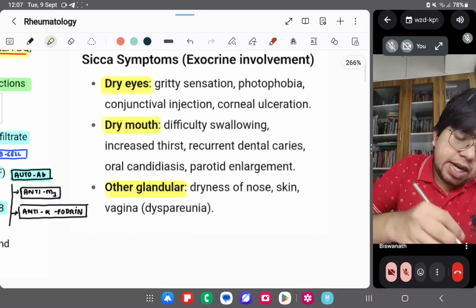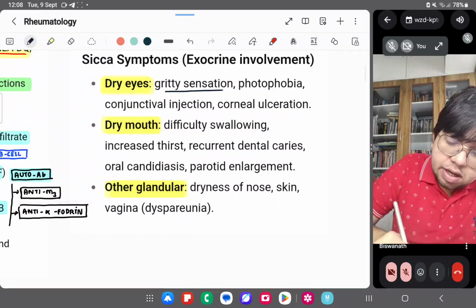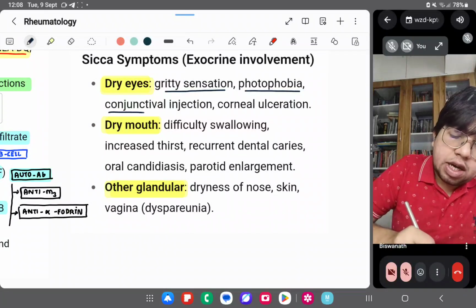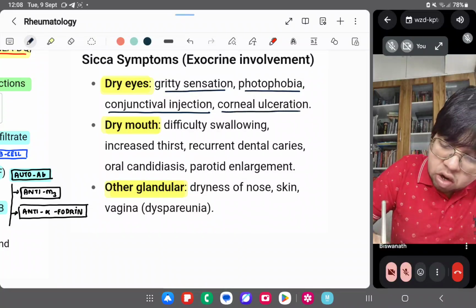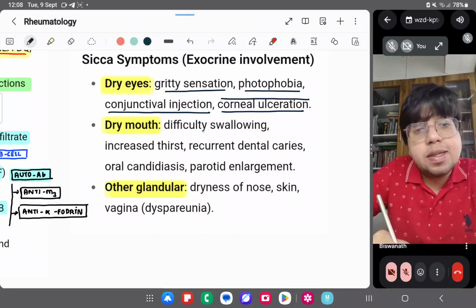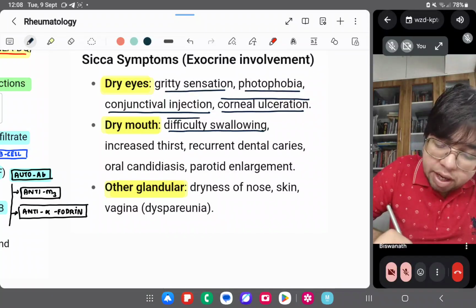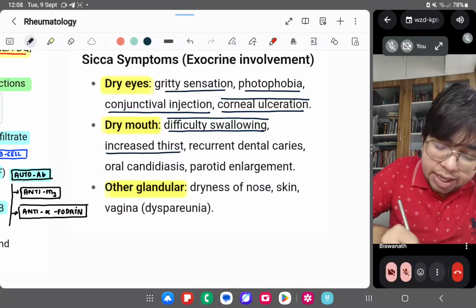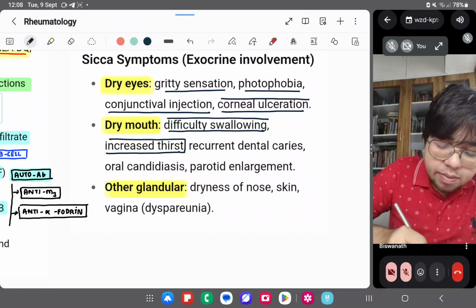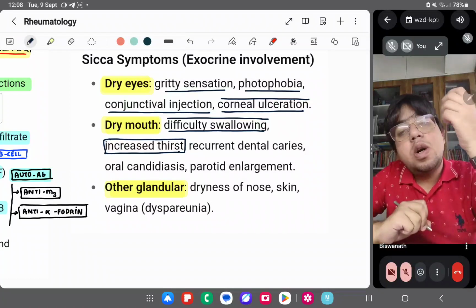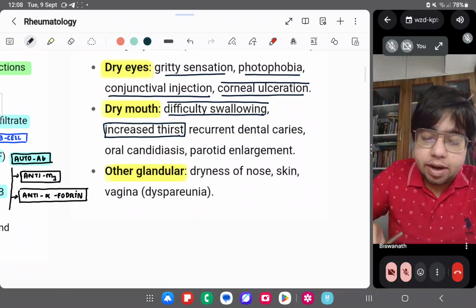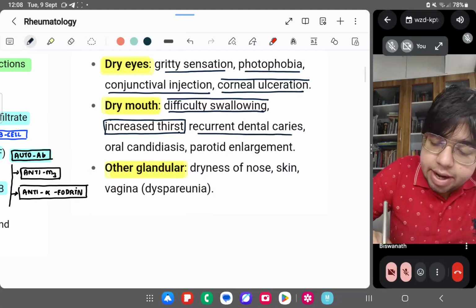Okay, sicca symptoms, I told you: dry eyes, dry mouth, other glandular features. So with dry eyes, we get gritty sensation, photophobia, conjunctival injection, and corneal ulcers due to dry eyes, right? Dry mouth causes difficulty in swallowing, increased thirst because the patient is not able to make saliva, right? Recurrent dental caries.